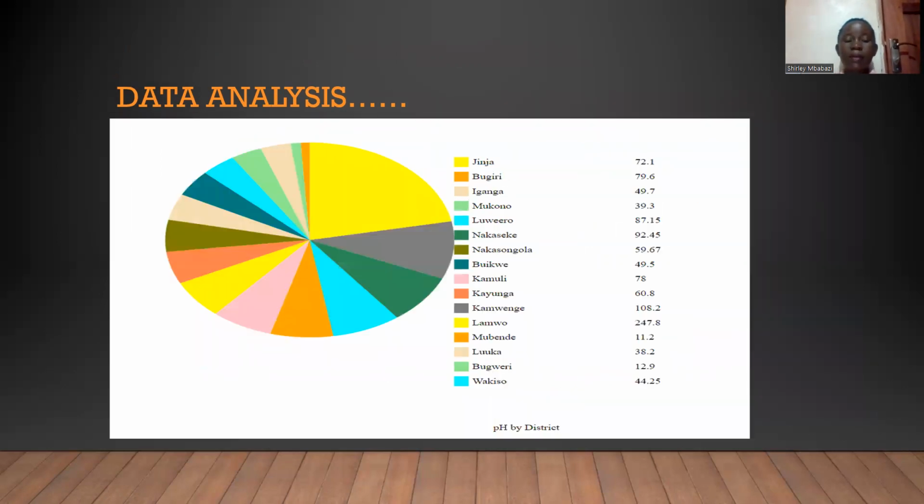I would have loved to do this for all of the properties that we had, the different attributes, but due to the limitation of time and the presentation being timed, I cannot really show everything.